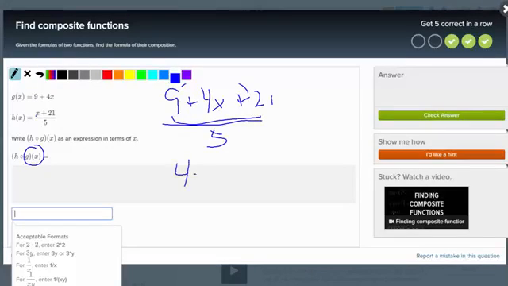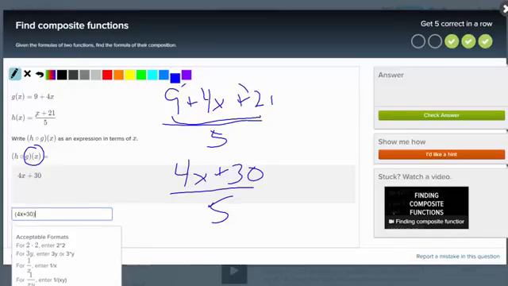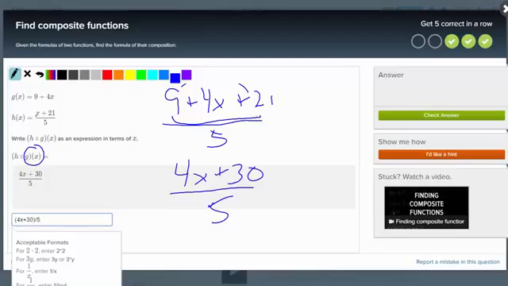So 4x doesn't combine with anything. 9 plus 21 is 30 over 5. All right, that'll be my answer. I could factor stuff, but it won't help me at all. So I'm not going to factor. So parentheses for the top, 4x plus 30, divided by, there's only one term in the bottom, so all I have to do is divide it by 5.